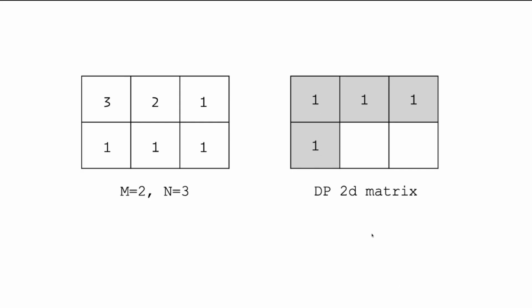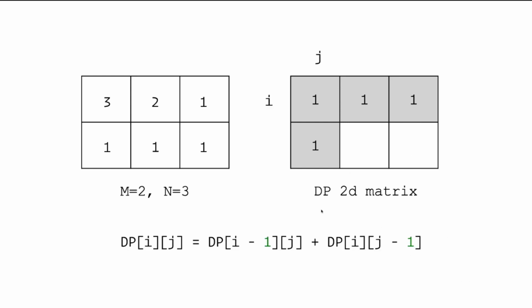From these pre-calculated values, we can easily fill up the whole 2D array using this expression. To calculate this cell, we take the value from the previous cell to its left, that is j minus 1, and the cell from the top, that is the previous row, i minus 1.